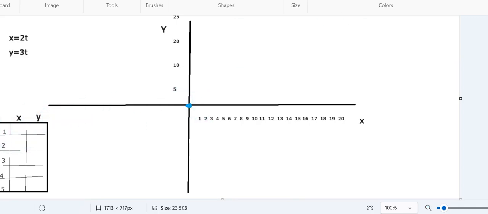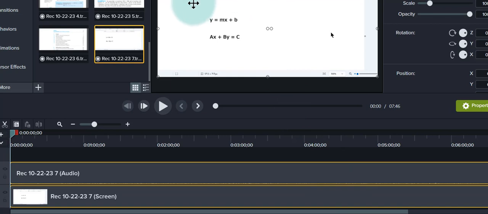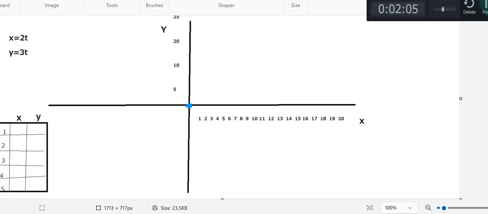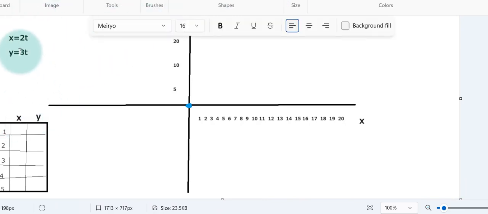Let's try this one. When t is equal to 1, then x is equal to 2 and y is equal to 3. Okay, sorry about that.